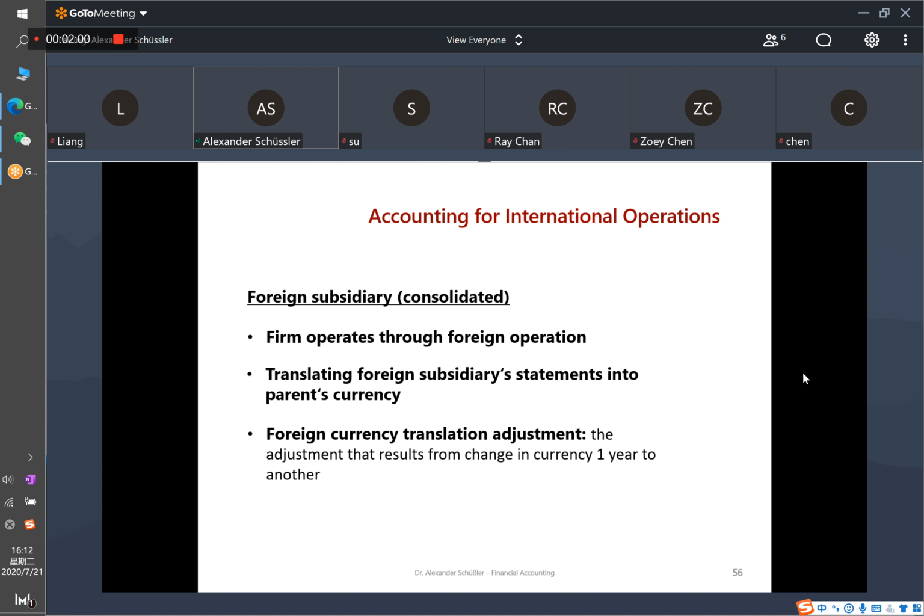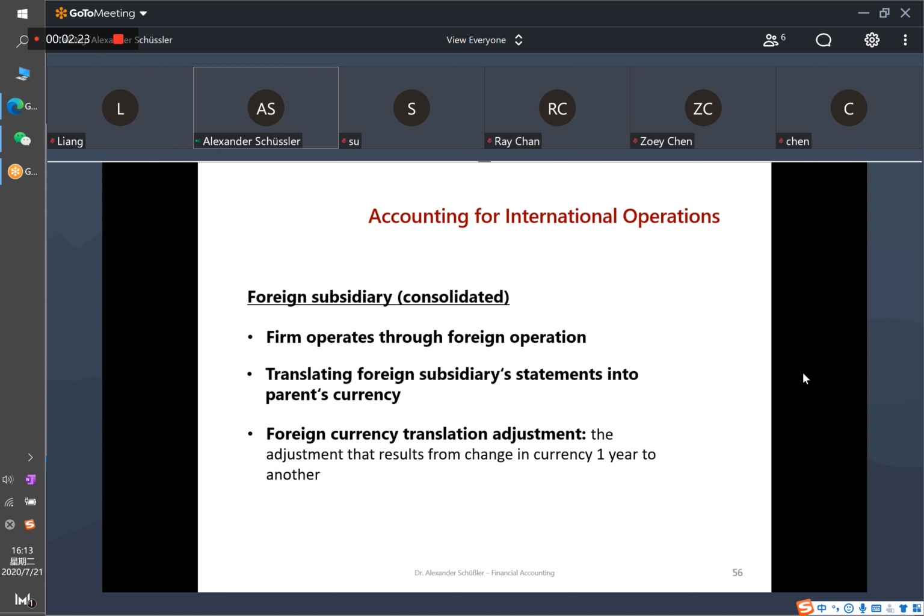It's not called transaction gain or loss, like with goods and services when you sell and buy them, but instead it's called foreign currency translation adjustment. So this is the adjustment that results from a change in currency from one year to another.